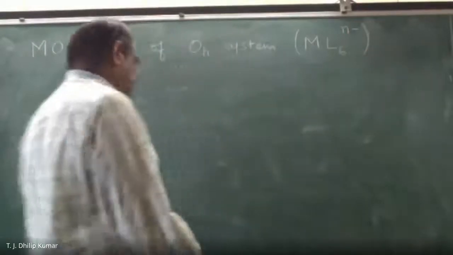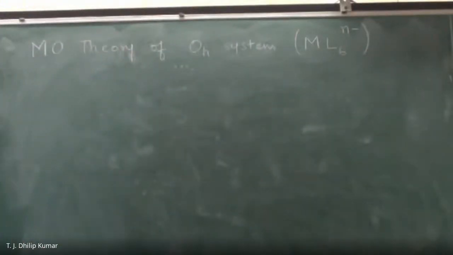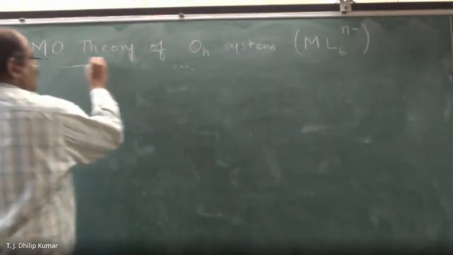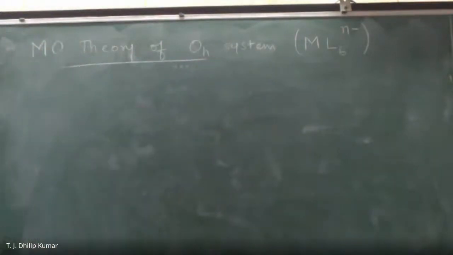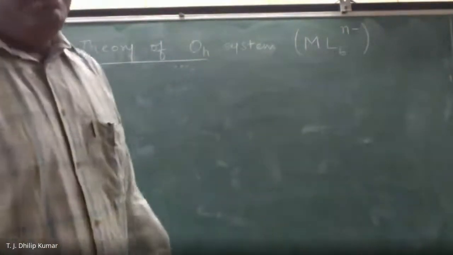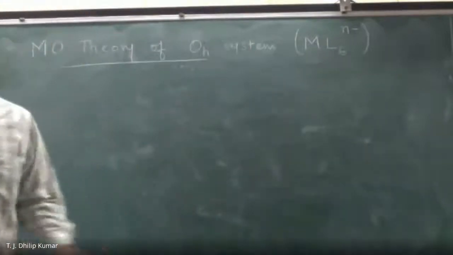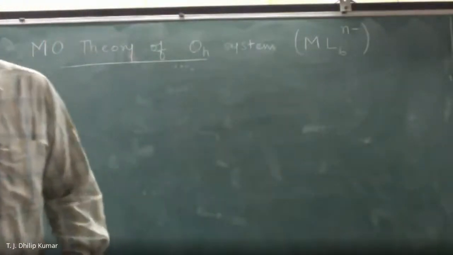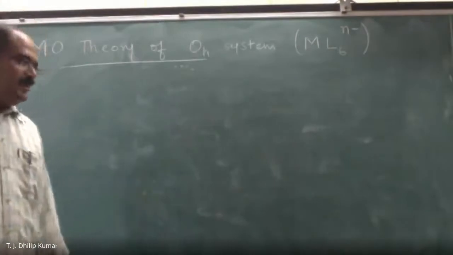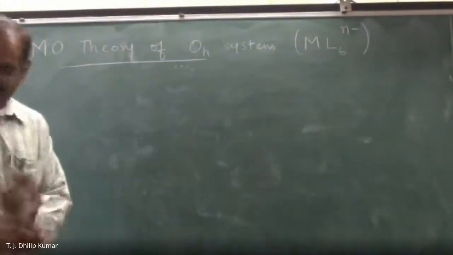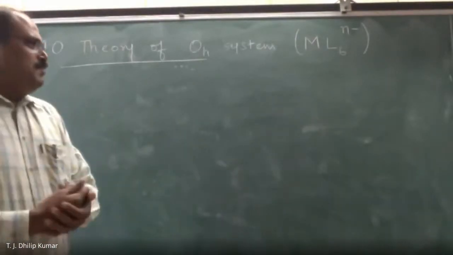So we are going to study the octahedral system, metal-ligand complexes, with all the background, like we started more than 1 month back, right? We started with point groups, then the character table.